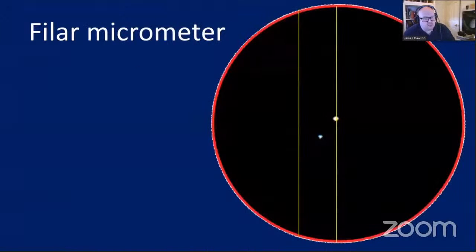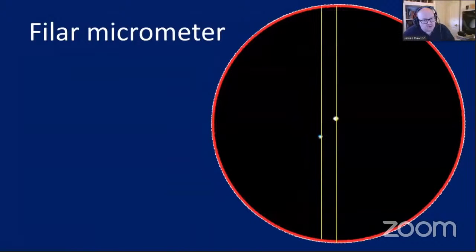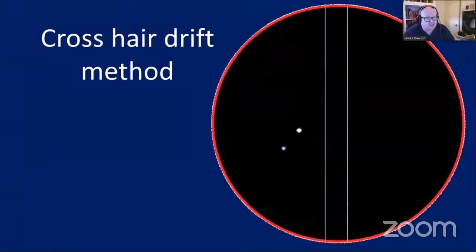And the idea is to put one star under the fixed filament and then move the dial until you get the other star under the other filament, and then with some fancy calculations and a lot of patience you can work out the angular separation in arc seconds.